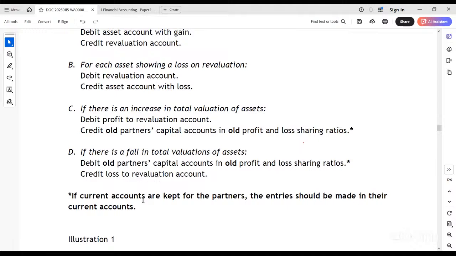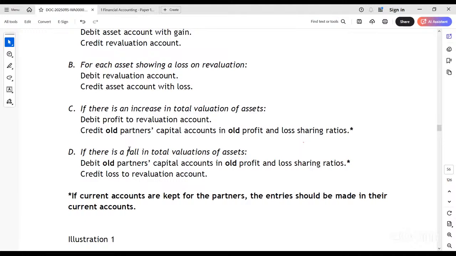So when assets are revalued and we have a profit or loss on total valuation of the assets, we take them to the current account, if it is kept. If it's not kept, that's when we take them to the partners' capital accounts. So you need to know what goes to the capital account and what goes to the current account.